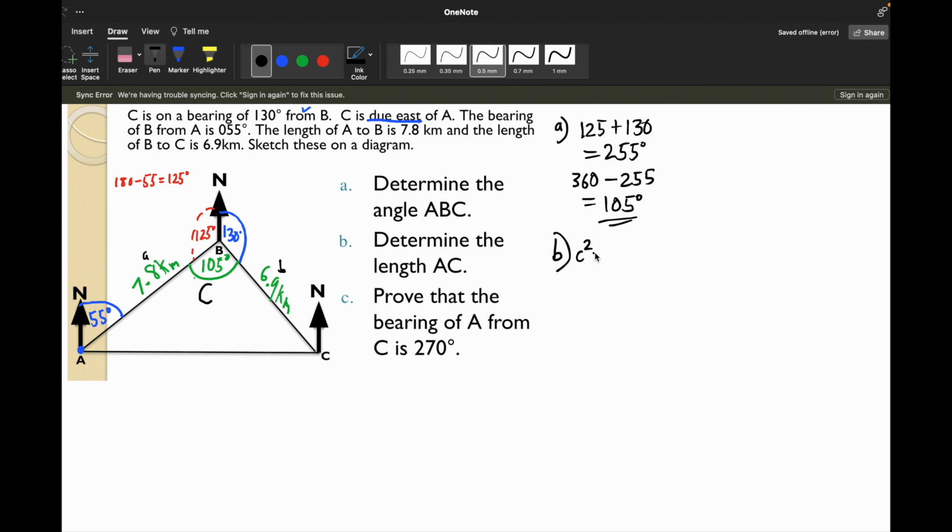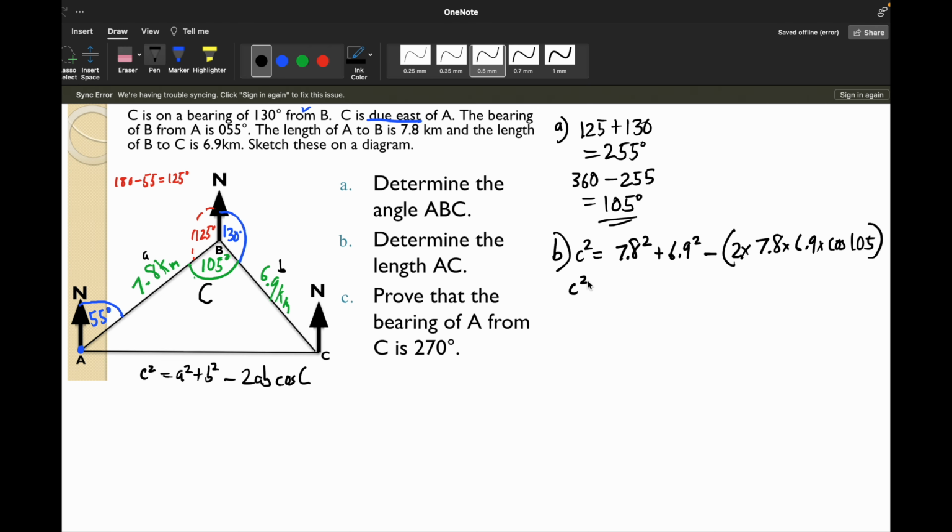So C squared is equal to 7.8 squared plus 6.9 squared, because remember, it's c squared is equal to, I'll write back the formula, a squared plus b squared minus 2ab cosine c. So then we say minus, open brackets, 2 times a, which is 7.8, times b, which is 6.9, times cosine 105. And because this is more than 90, it's going to give us a negative number.